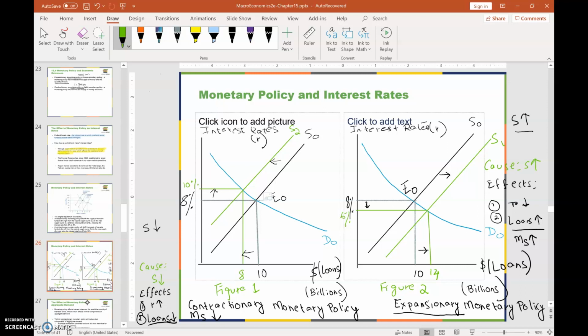When the quantity of loans goes down, money supply goes down. Contractionary means lowering. Contractionary monetary policy means decreasing the money supply.